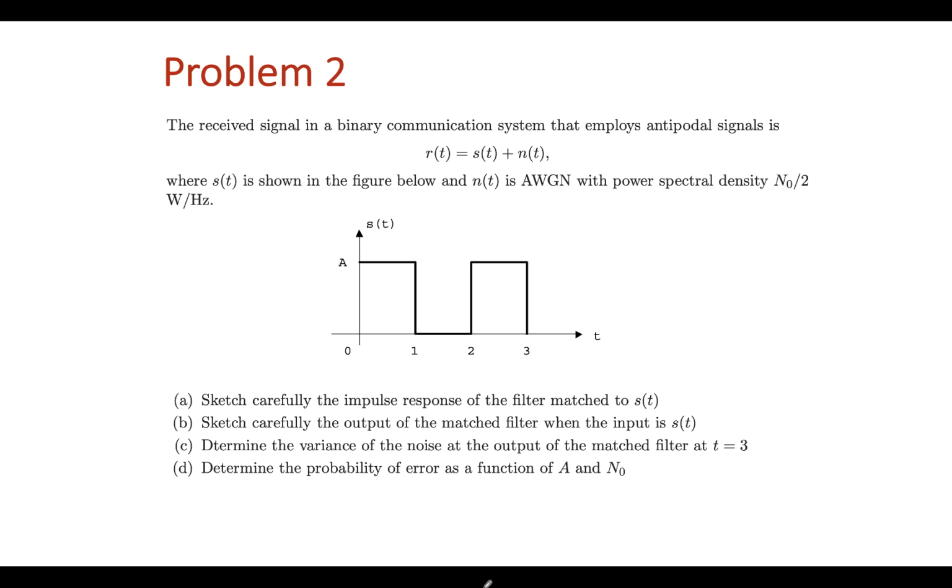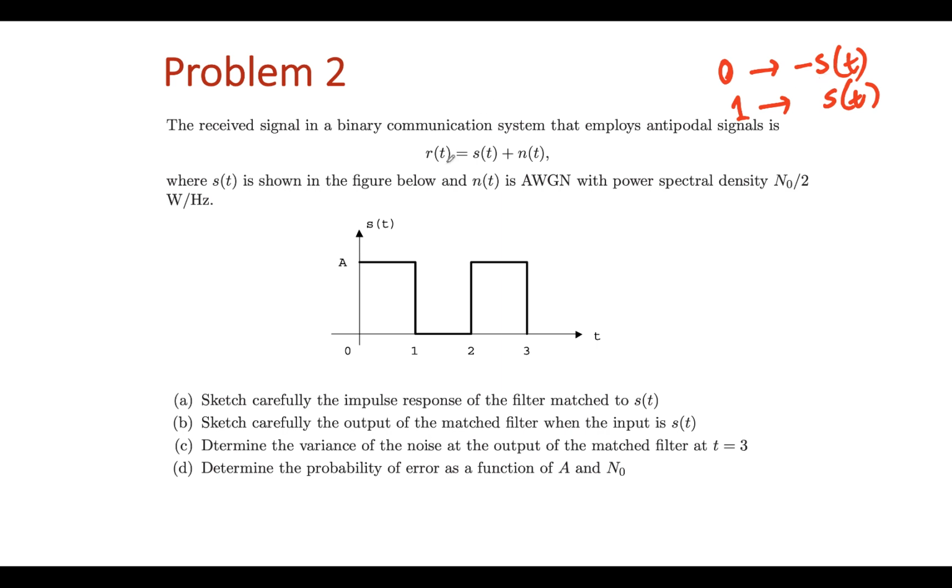Let's say we have a received signal in a binary communication system that employs antipodal signals. Antipodal signals means that when you have 0, you have minus of st, and when you have 1 you have st. So this is your antipodal signaling, as you have already learned from your lecture notes and videos.